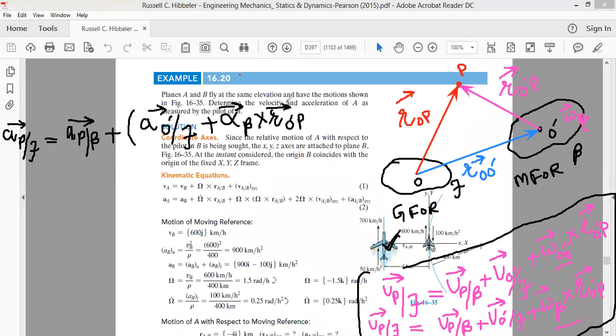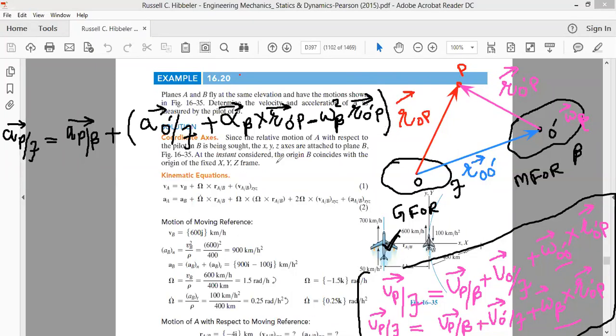Minus the angular velocity of beta, omega beta, squared, multiplied by the radius vector from O dash to P, R O dash P vector.